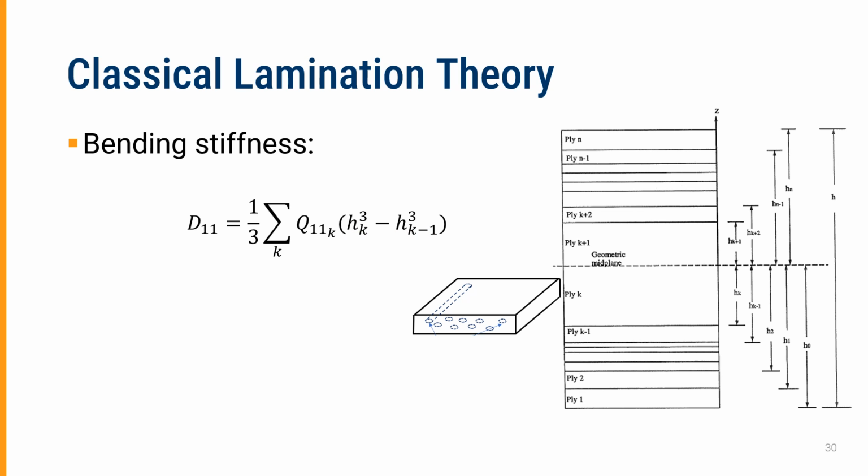That's because we're dealing with a moment of inertia function when it comes to bending. So therefore the sum is different. It's still essentially the sum of the stiffness of layer K, but the influence of the thickness is magnified by the fact that we're dealing with two things: a moment of inertia and the parallel axis theorem.